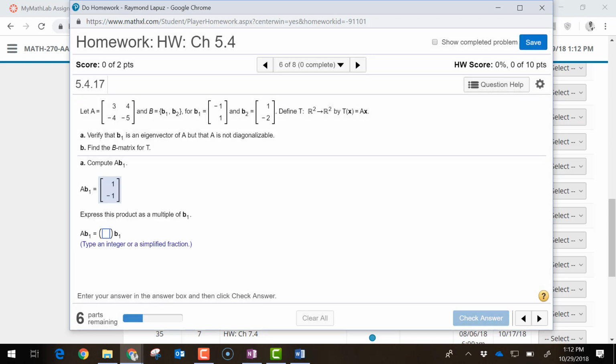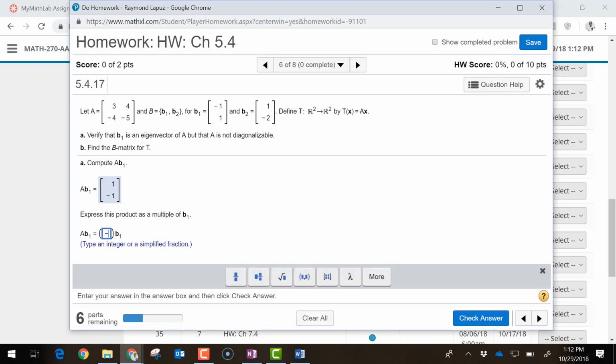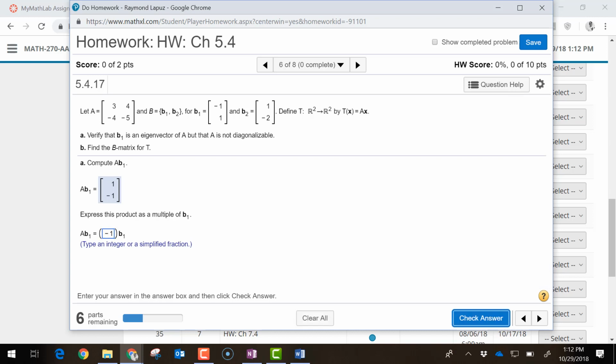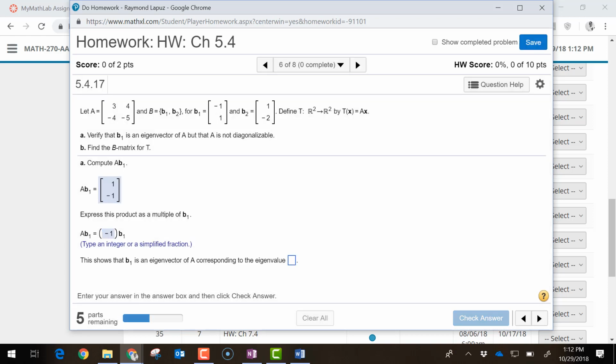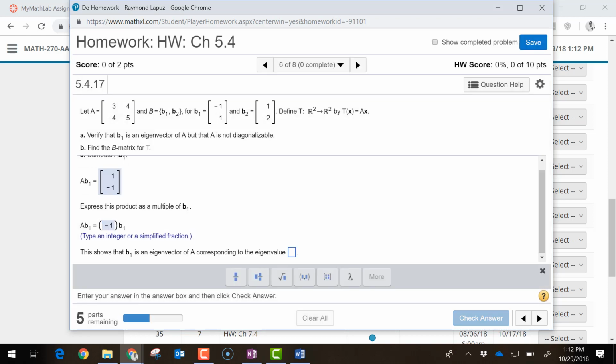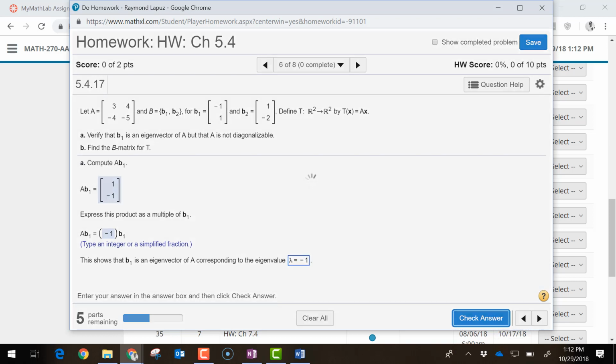So express this as a product, and I think that was a -1 scalar that we got, and show that B is an eigenvector corresponding to the eigenvalue of -1. Should you put lambda equals -1, or maybe we should just put -1.